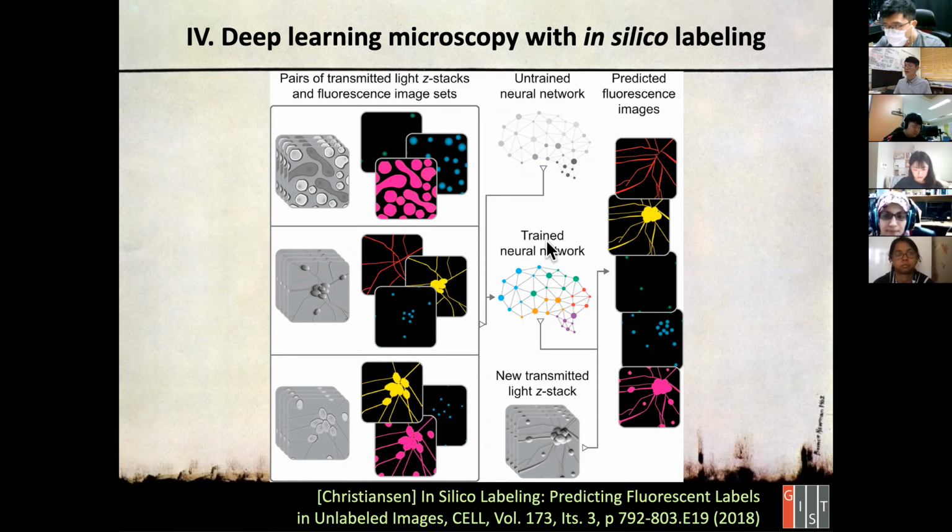So we train a neural network, and we want to generate fluorescence imaging, which means, hey, I want to stain the nucleus, cell body, and dendrites of the neurons. And we give the solution to the computer, and we train the neural network. And then you just give an image which does not have staining, just phase microscope imaging. But then this deep learning can separate them out into different portions.